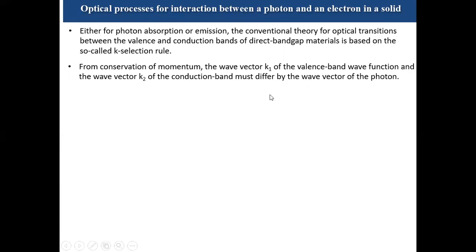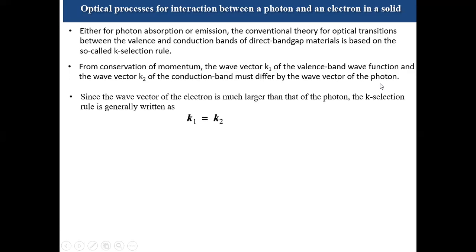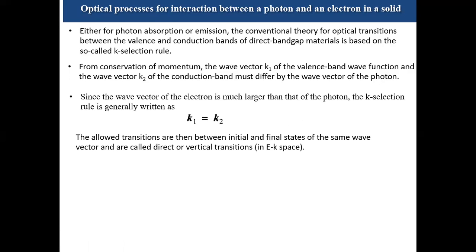So the wave vector k1 of a valence band wave function and the wave vector k2 of the conduction band must differ by the wave vector of the photon. Since the wave vector of the electron is much larger than that of the photon, the k selection rule is generally written as k1 equals k2. The allowed transitions are then between initial and final states of the same wave vector and are called direct and vertical transitions.